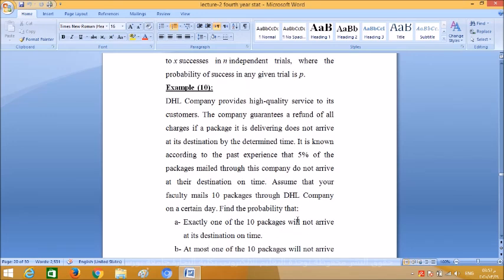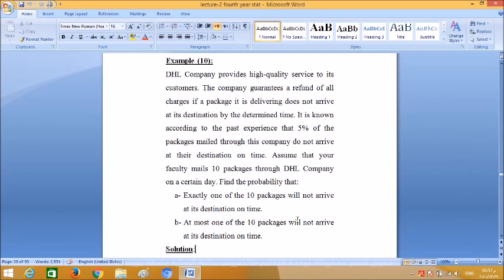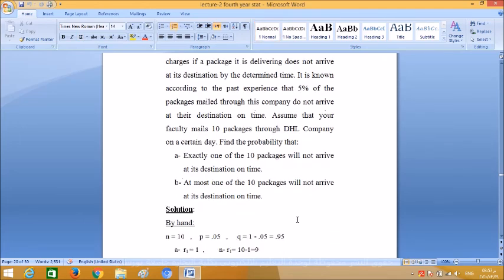Number B, at most one. At most one means 0 or 1 of the packages will not arrive at its destination on time. Solution. By hand, the number of all trials is 10. P, the probability of success, is 5%, and Q equal 95%.